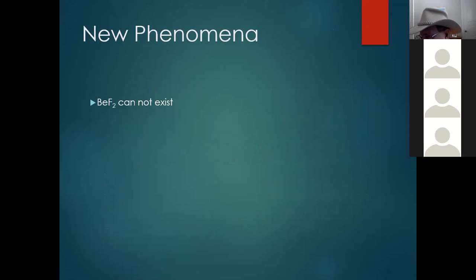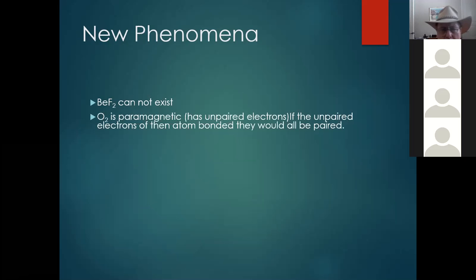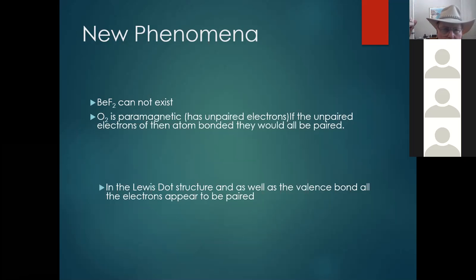Okay. Now I've got to get through molecular orbital theory. We have a new phenomenon. O2 is paramagnetic. A paramagnetic molecule has unpaired electrons. If the unpaired electrons of the atoms bonded, they would be all paired.